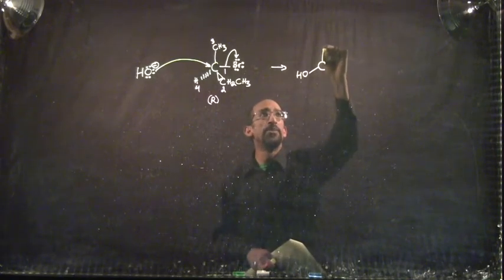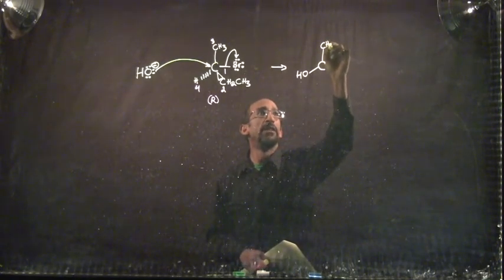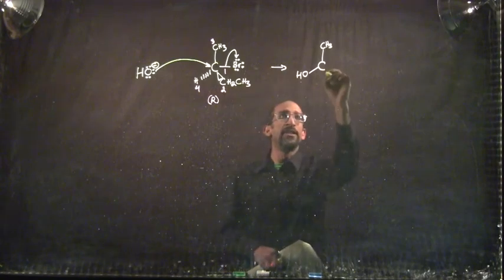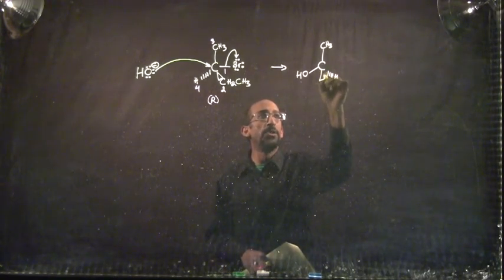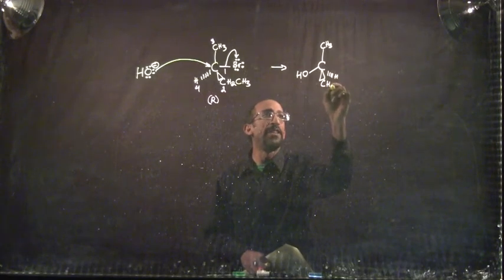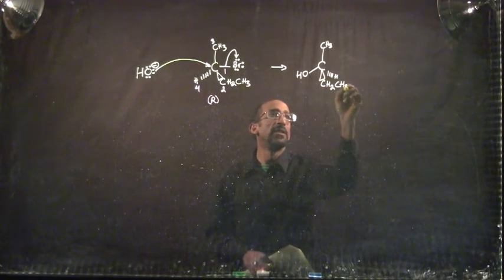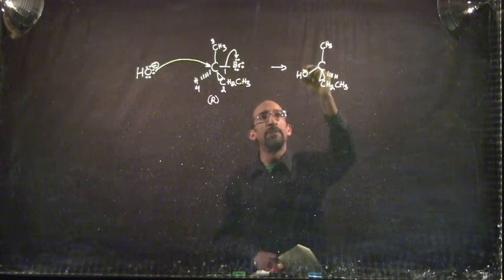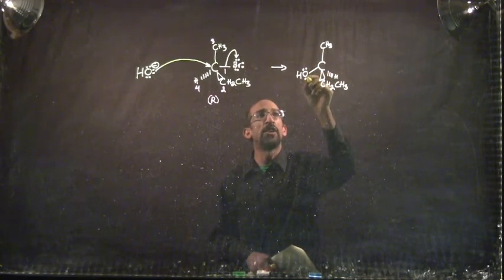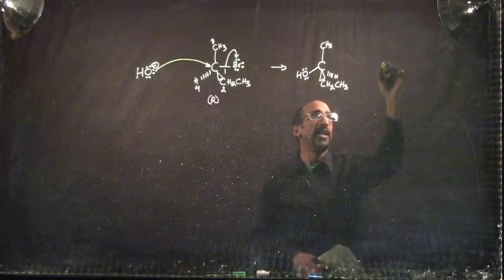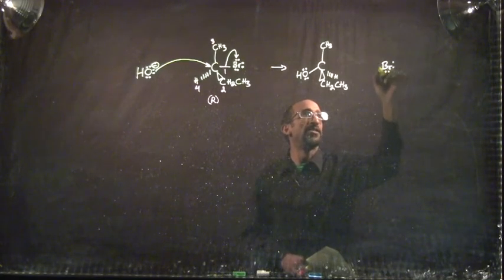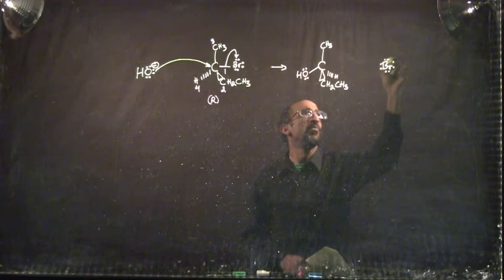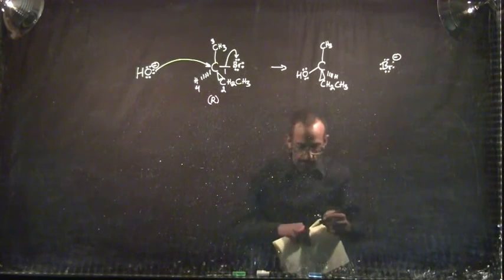My methyl group goes here, and now my hydrogen is on this side as a hash, and my ethyl group is on this side as a wedge. And of course, I make sure to include all electrons in my arrow pushing. Now I have my leaving group, all of the electrons that go with my bromine, my negative charge there.